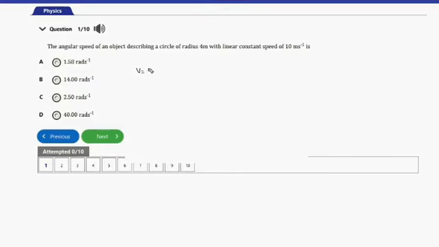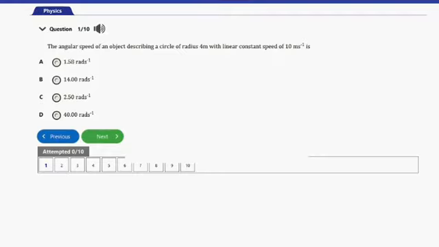Linear speed is angular speed times the radius, so that's v is equal to omega r. So if we want to get the angular speed, which is omega, we divide v by r. So here we'll divide 10 meter per second by 4 meters. So guys, if we do that, we are going to have 2.5, and that's option C here, guys. So that's it for this question.